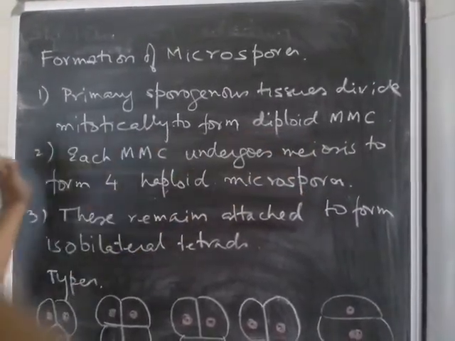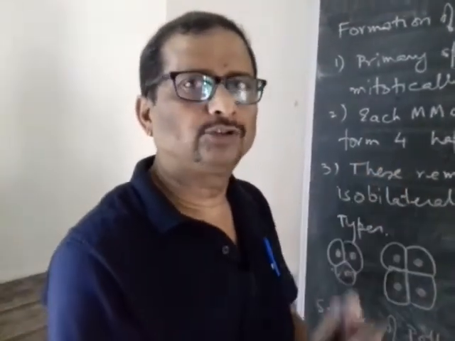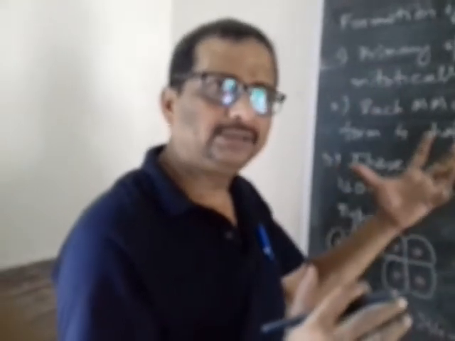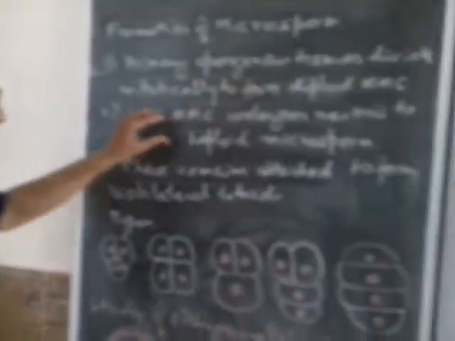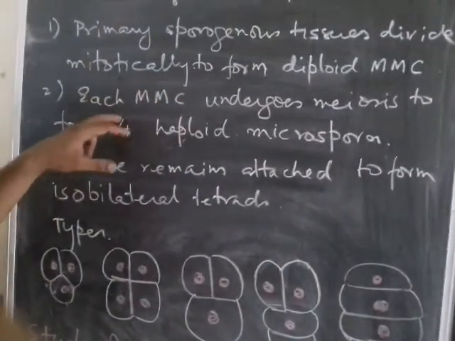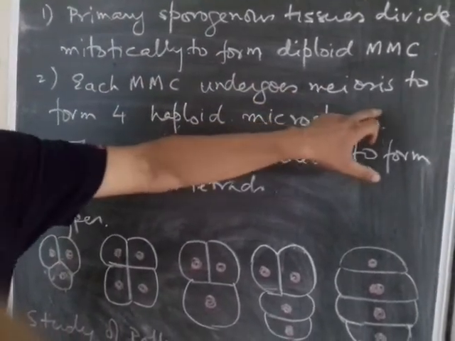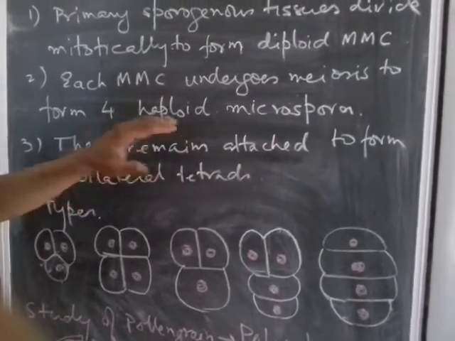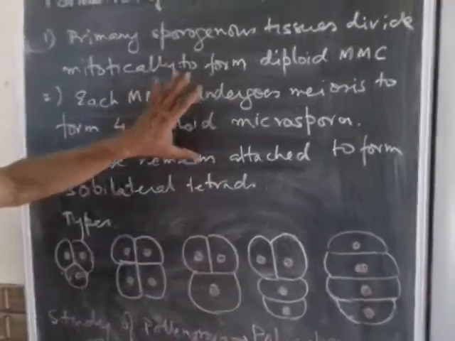Since pollen grains are numerous, there must be numerous microspore mother cells, formed from the mitotic division of the sporogenous tissue. This diploid microspore mother cell now undergoes meiosis, a reductional division, to form four haploid microspores. This means they contain half the number of chromosomes of the plant.